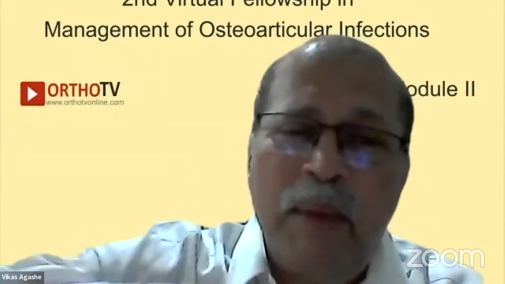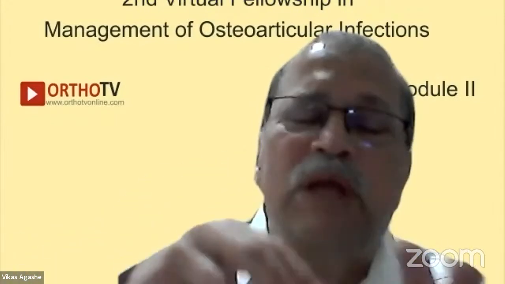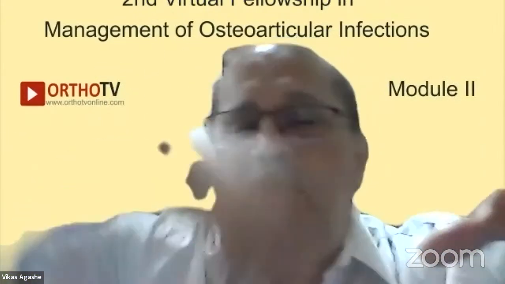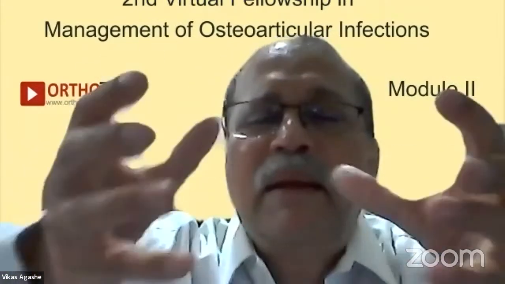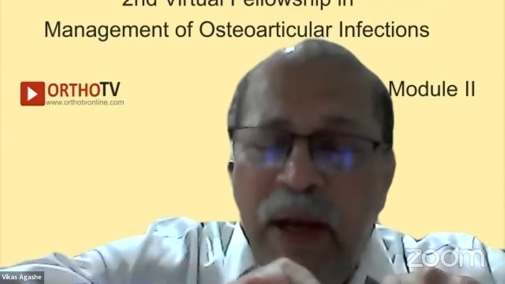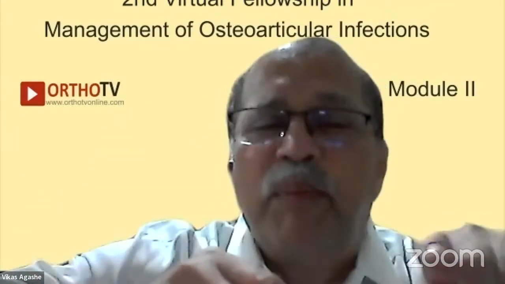Plus, you will not be able to get a good source control because the canal is funnel shaped. Your reamers will not be able to ream the walls, and therefore, if you make a window, then you will be able to scrape properly.